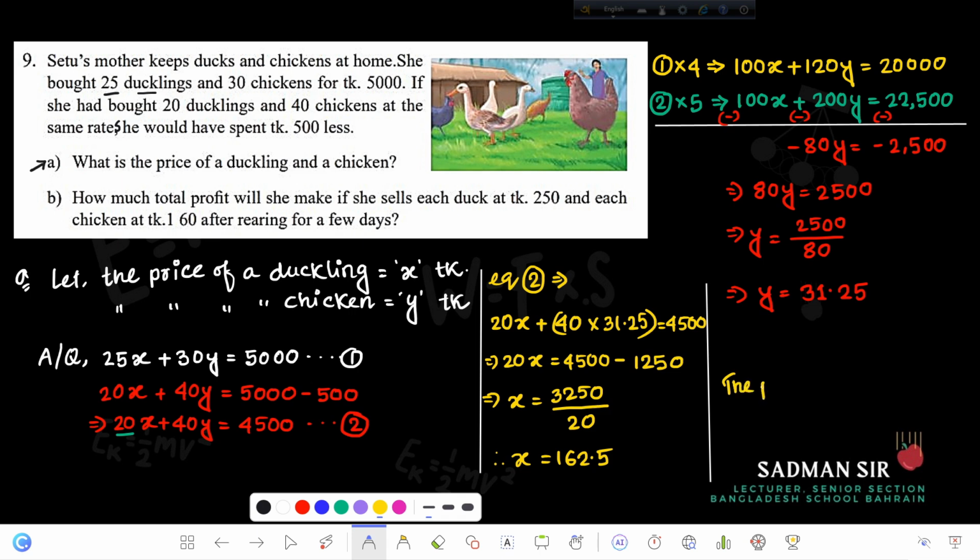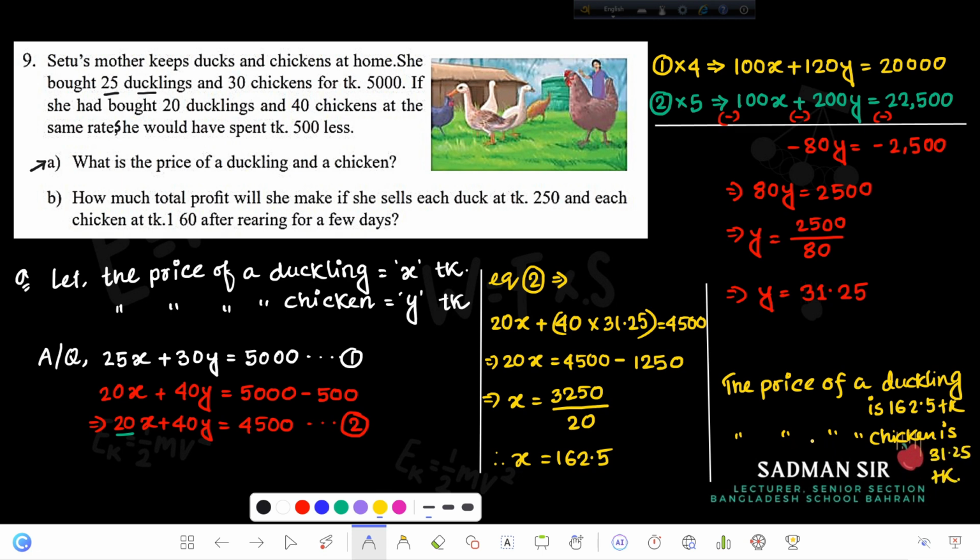The price of a duckling is 162.5 taka, and the price of a chicken is 31.25 taka.